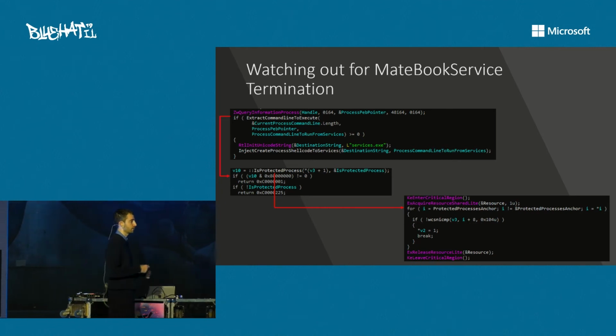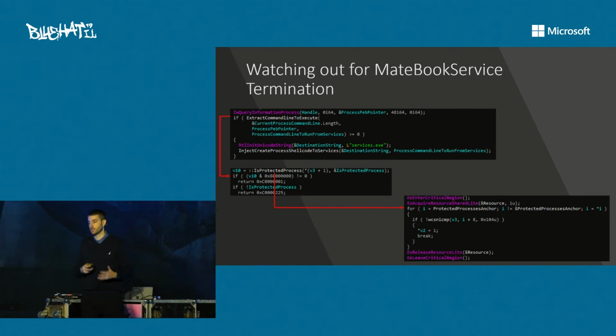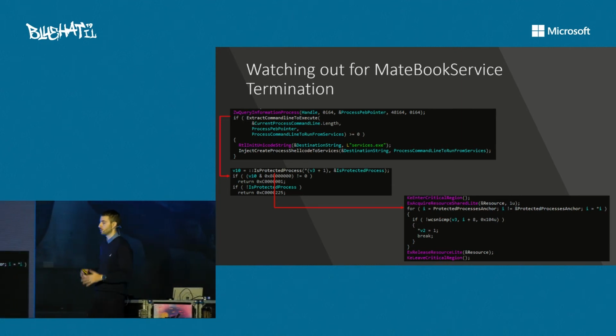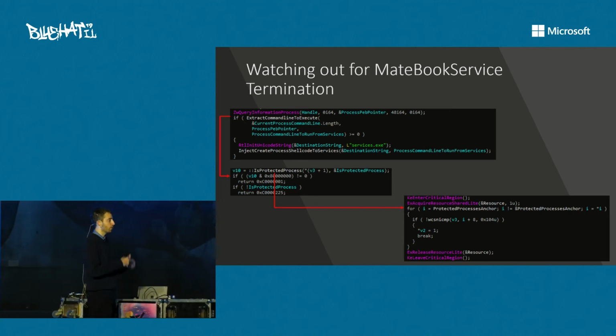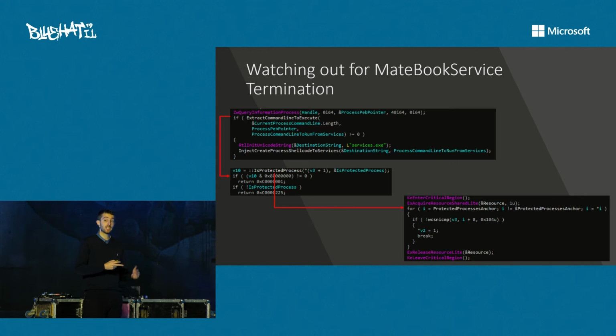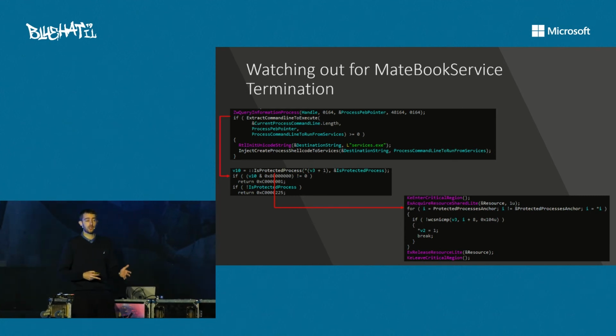If the terminated process name belongs to some global list residing inside the driver, then the code injection takes place. The driver actually iterates, for every process which gets terminated, on that global list and checks if it's there. If it's there, then it performs the code injection.